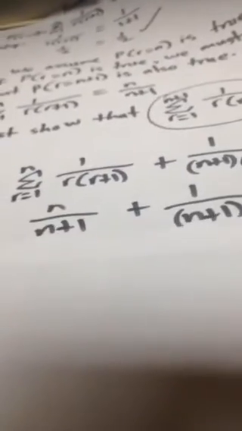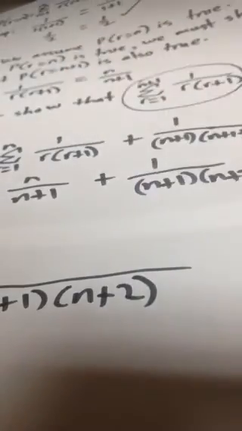Great. So continuing from here, n over n plus 1 plus 1 over n plus 1 by n plus 2. We have to simplify this.